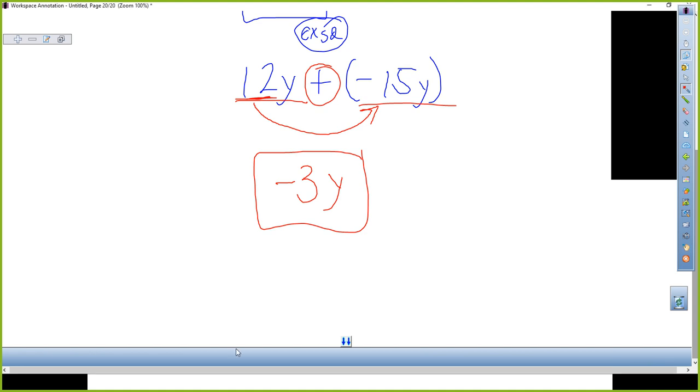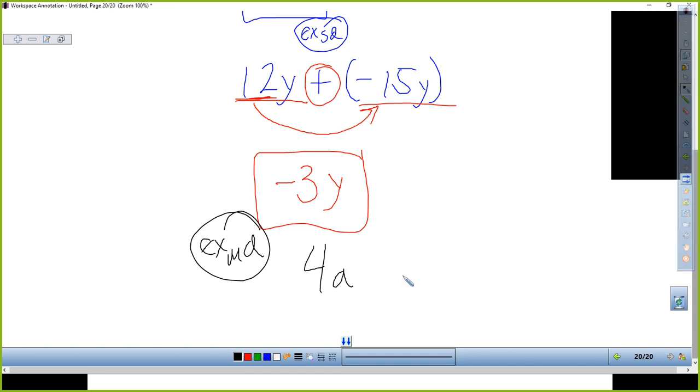Here we go. Example mega cube. Let's do 4a plus 6 plus negative 7a plus negative 4.